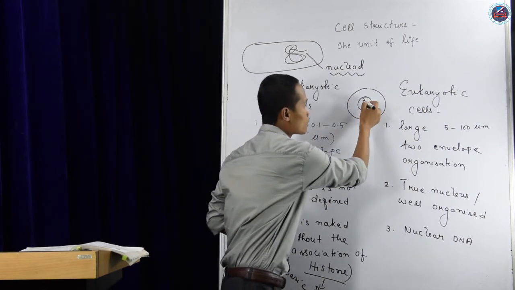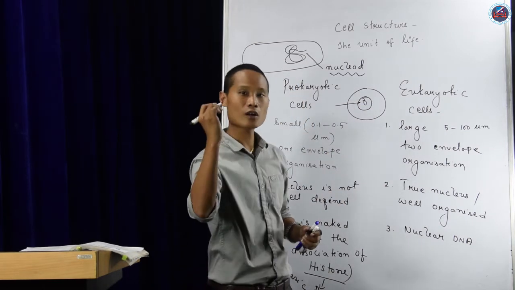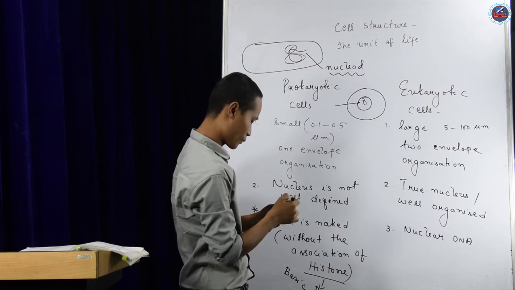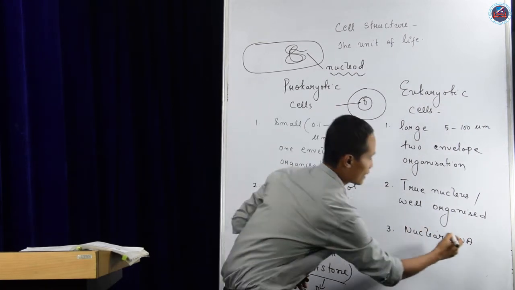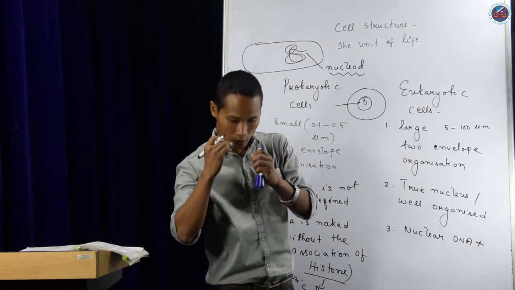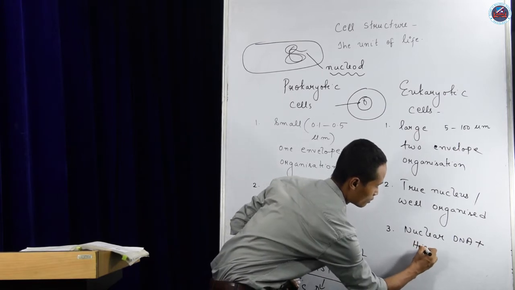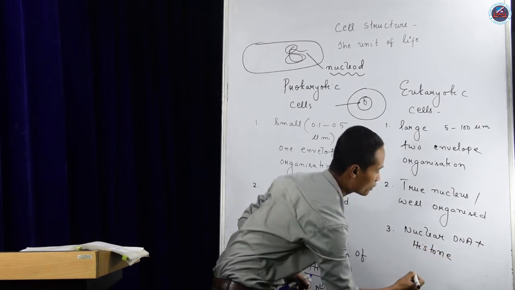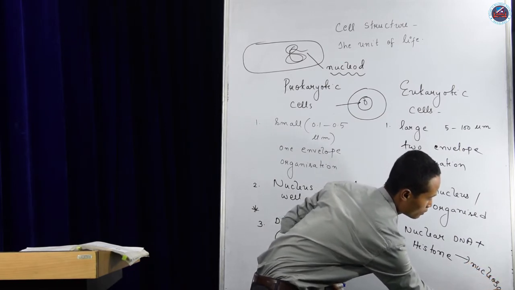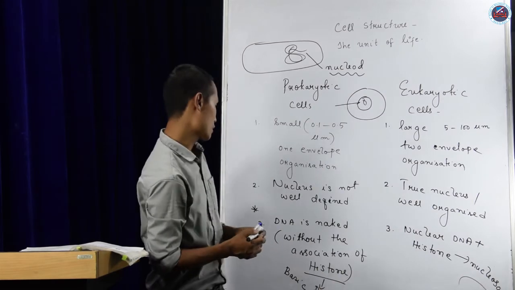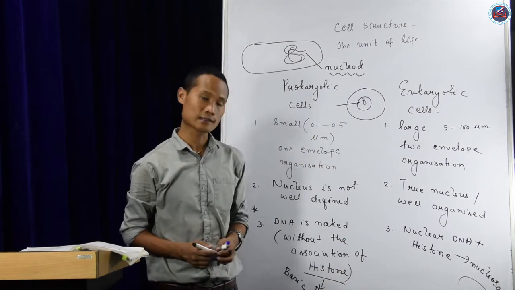This nuclear DNA is found associated with histone protein, and we call that a nucleosome. This will not be observed in prokaryotic cells.